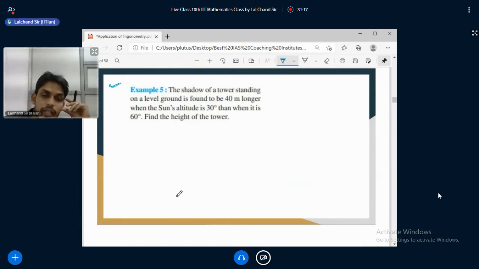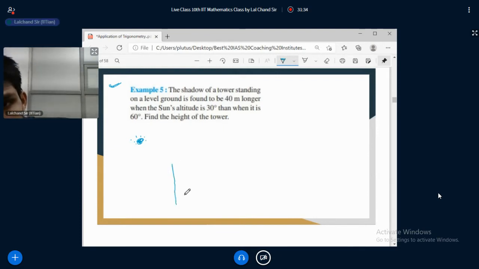The first important thing is to make a diagram. Okay, let's suppose this is the sun, and this is the tower, and this is level ground.